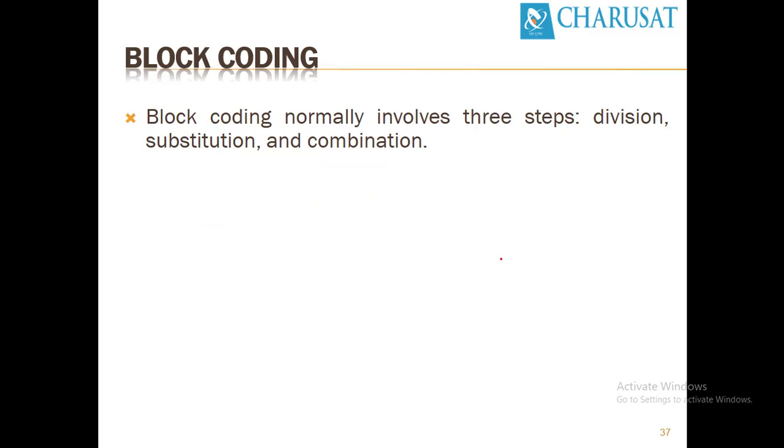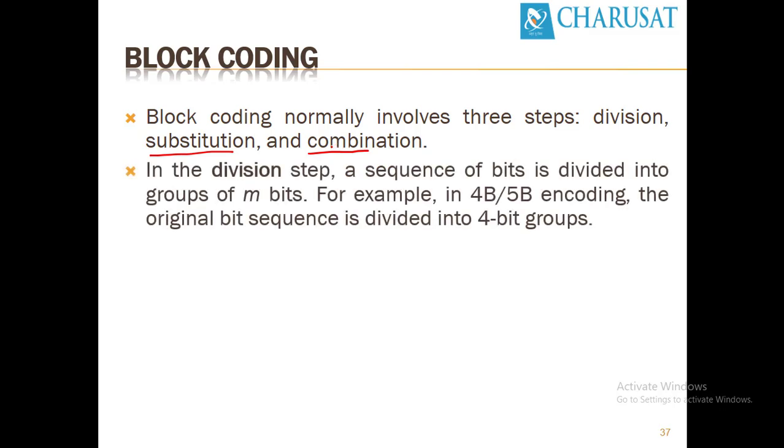Block coding normally involves 3 steps. The first is division into blocks of m bits. The second step is substitution: m bits are replaced with n bits. Lastly, the generated n bits are combined together to generate the output stream. In the division step, the sequence of bits is divided into groups of m bits, for example in 4B/5B encoding. There are other encoding methods too.